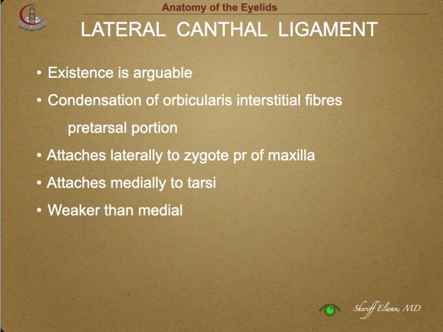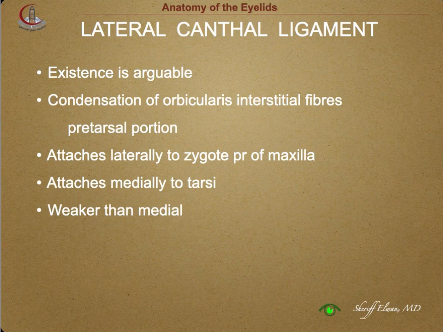Now we shift to the lateral canthal ligament. Actually, its existence is arguable. Let's say it's not an actual ligament, but rather sort of an accentuation in the interfibrillar fibers between the fibers of the orbicularis oculi, sort of condensation in the pretarsal portion.